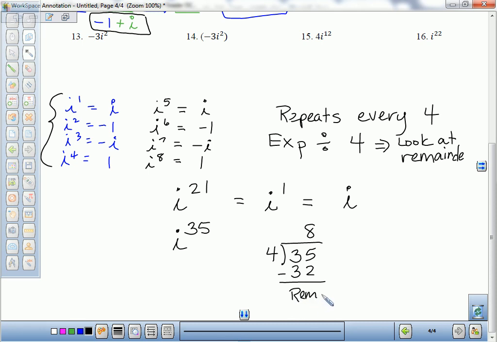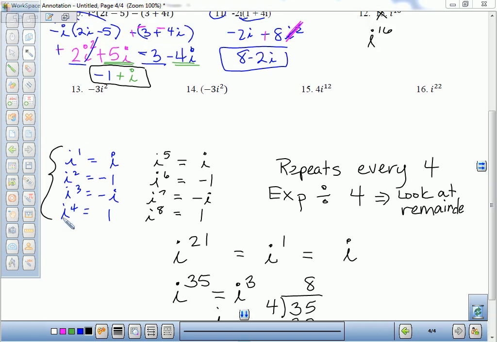What is 35 minus 32? 3. So I to the 35th is the same as I to the 3rd. What is I to the 3rd? Negative I. We're going to work on this part again some tomorrow because this is harder.